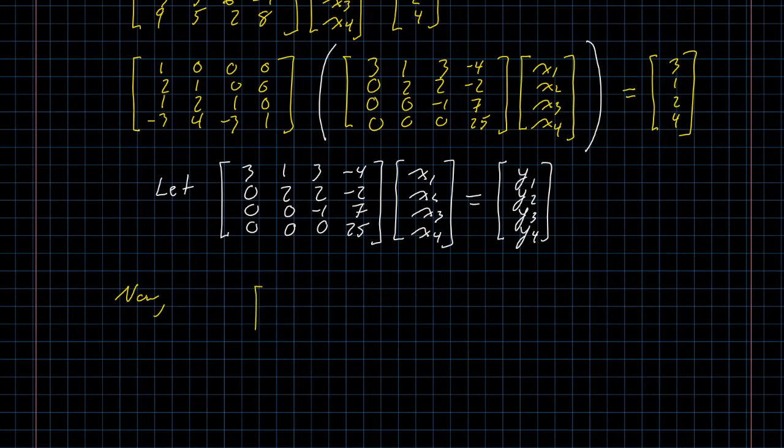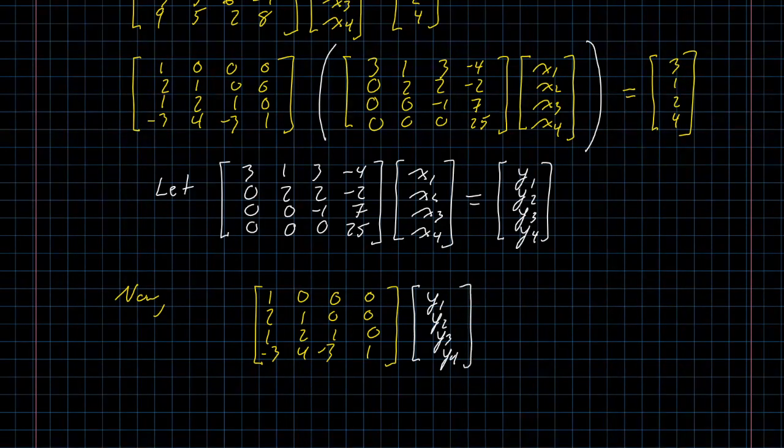So I have the lower triangular matrix 1, 0, 0, 0, 2, 1, 0, 0, 1, 2, 1, 0, -3, 4, -3, 1 times this new matrix y1, y2, y3, y4 is equal to 3, 1, 2, 4.